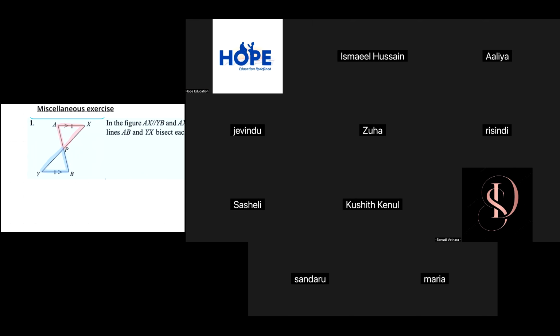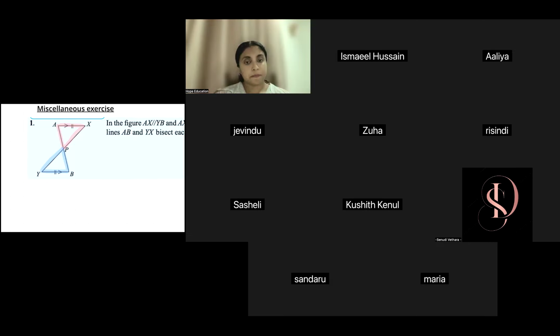AAS. Okay, what about others? Any other cases? Okay, another AAS. So that means most of you have used AAS. Others who also used AAS, give me a thumbs up.